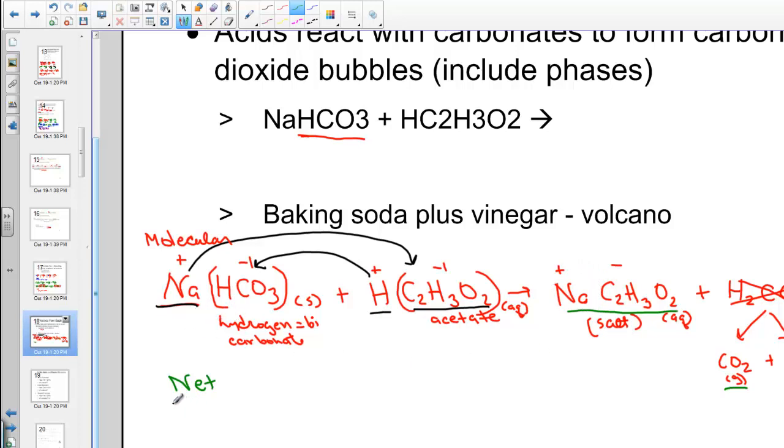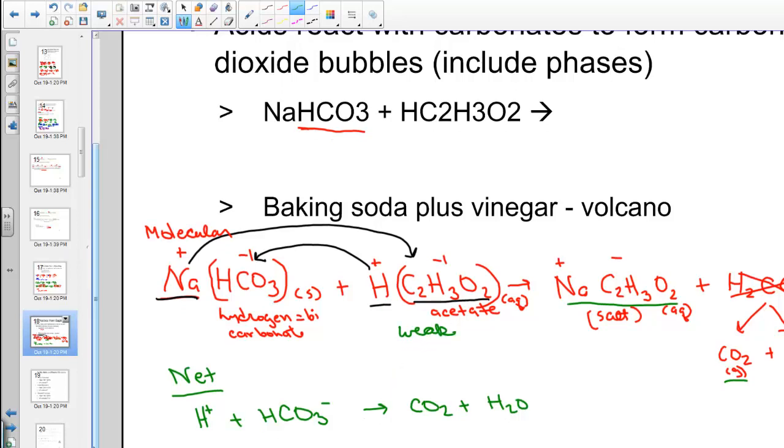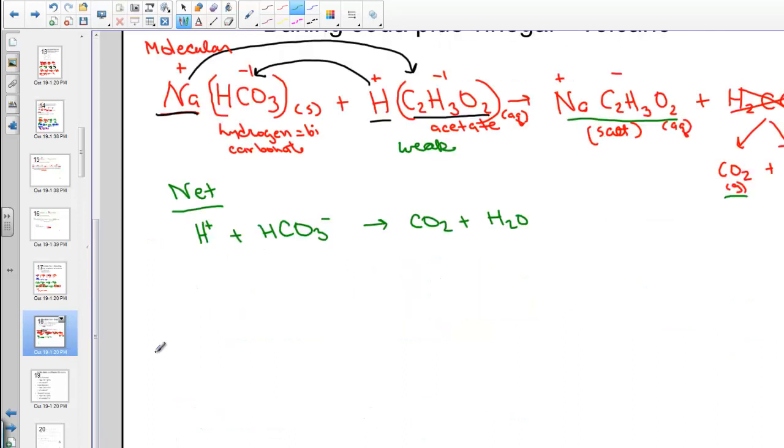And so, thinking about the chemistry here, we'd have hydrogen ion with your bicarbonate ion forming your carbon dioxide and water. Now technically this is a weak acid, so if it's weak, we typically see this left together and not separated.